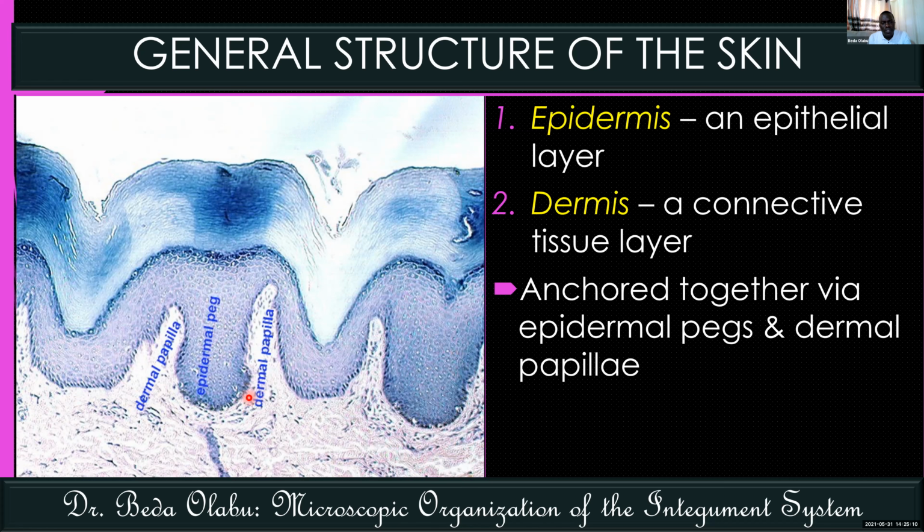Similarly, there are projections of the epidermis into the dermis, known as epidermal pegs. You can call them epidermal ridges. So the epidermal pegs and the dermal papillae interdigitate to ensure good anchorage between the epidermis and the dermis. For that reason, it's not easy to peel off the epidermis from the dermis.